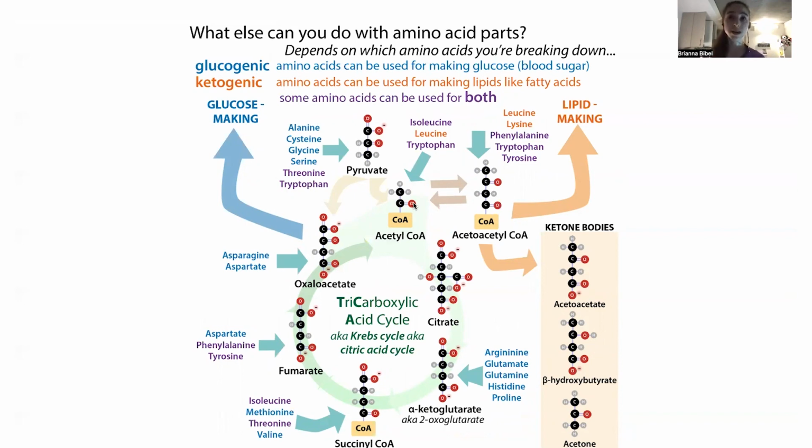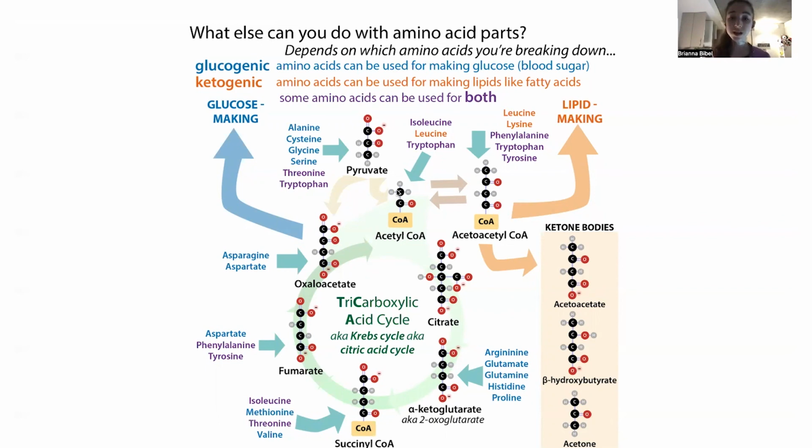So if we can't make something directly from something, that doesn't mean we can't use something from it to make something from it. And often when we talk about whether it can be used for something, we are talking about whether it can be used for something in an energetically favorable way, if that makes sense.